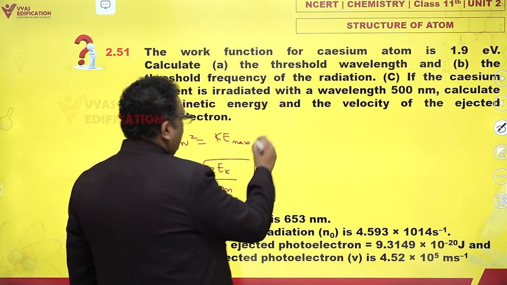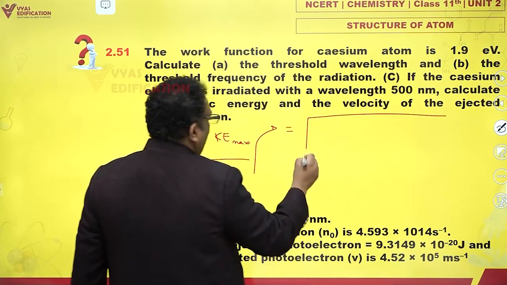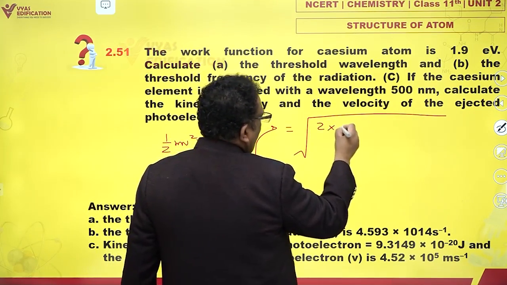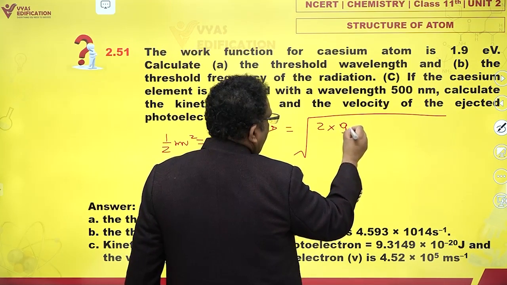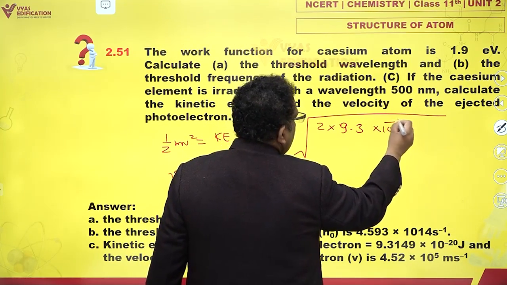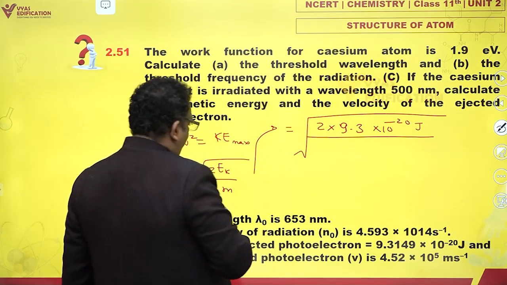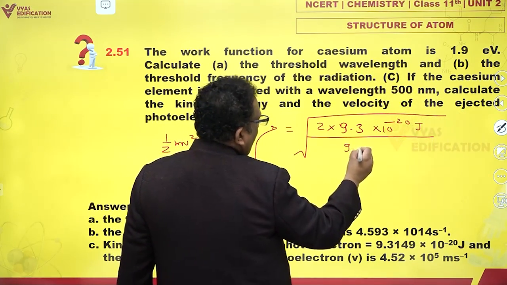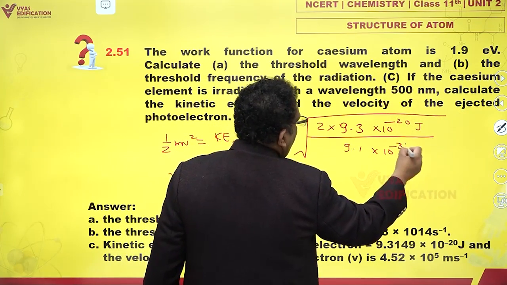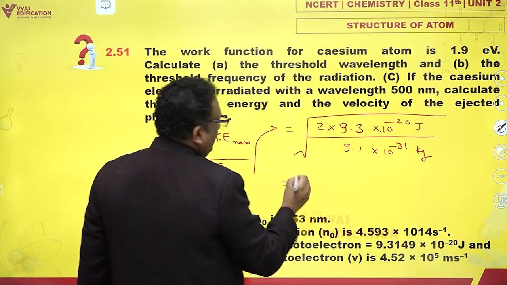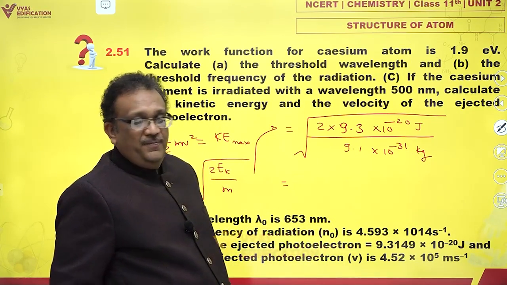Let's do that. Major part is calculation and being able to do this correctly. That was 9.3 into 10 to minus 20 joules divided by mass, which is 9.1 into 10 to minus 31 kilograms. Fanciful.